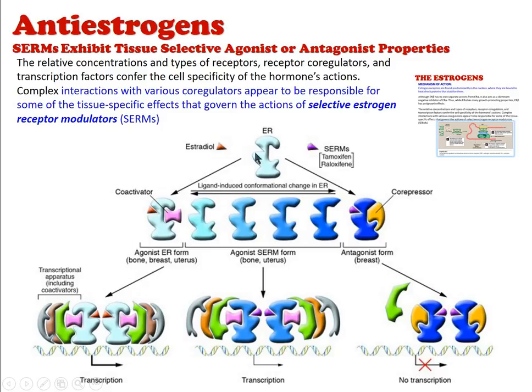So estrogen was doing all three, but this particular SERM, a selective modifier of this receptor, does different things at different places. That's what selective estrogen receptor modifiers are.